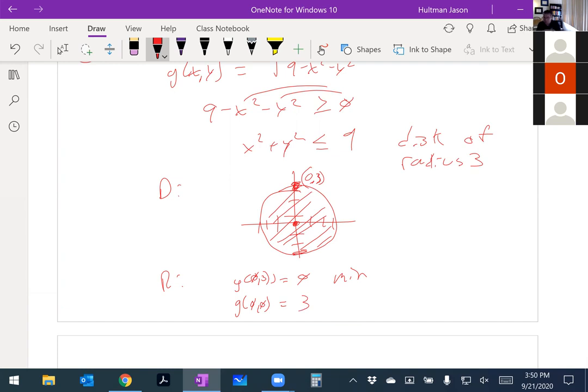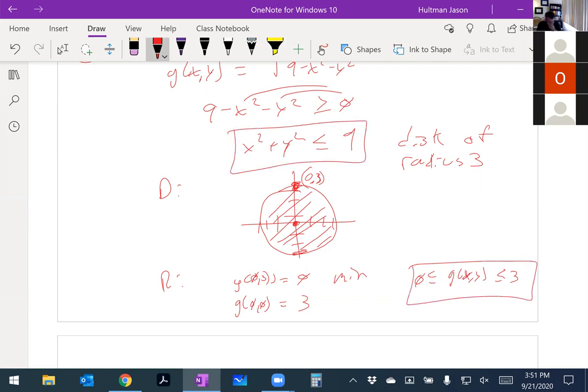So my domain dictates my range. And so I go from 0 to 3 on this thing. Okay, for the range. So domain and range. Okay, makes sense?